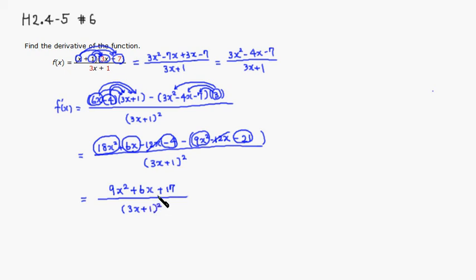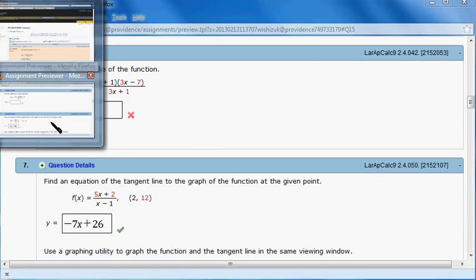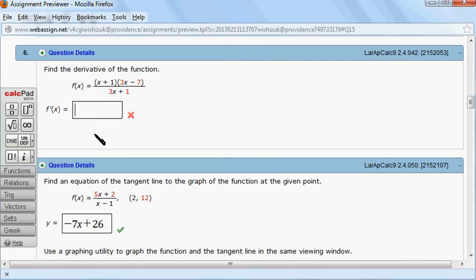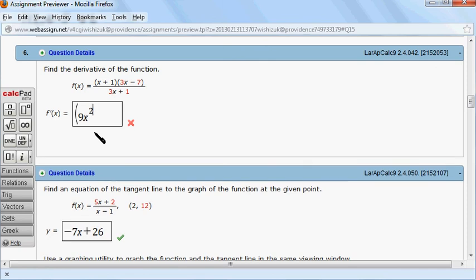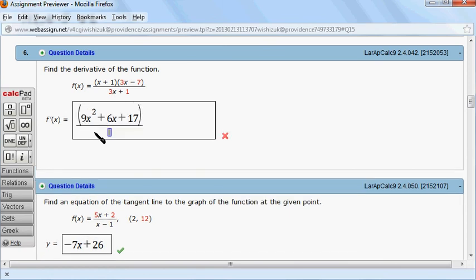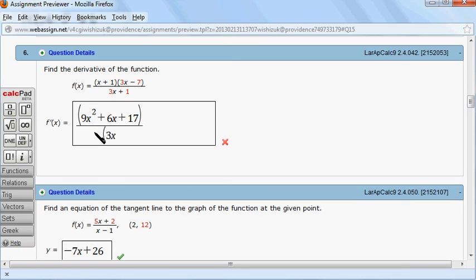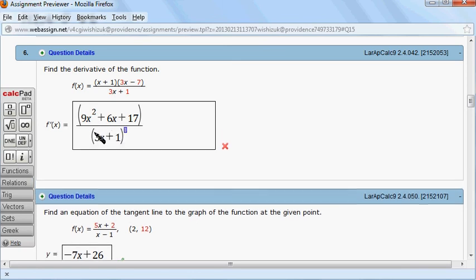All right, so let's type that in. That's going to be 9x squared plus 6x plus 17 divided by the quantity 3x plus 1 squared.